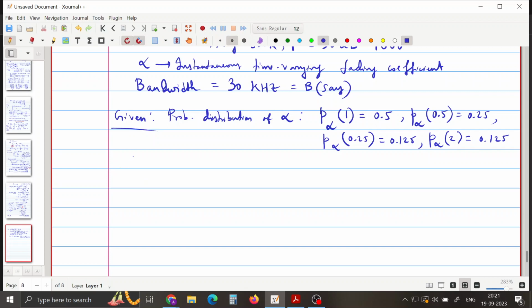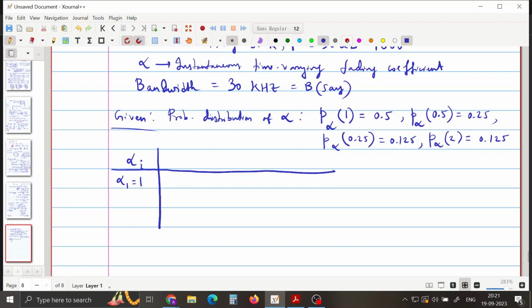Now I can write it in a tabular form, which was exactly done during the lectures. So let me write the alpha i's, the time varying fading coefficients, in one column. Alpha 1 is 1.